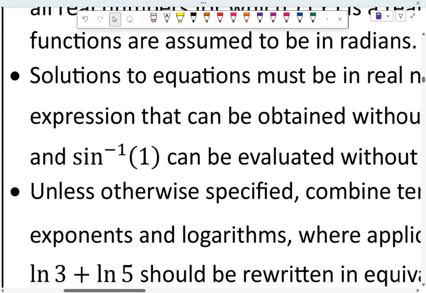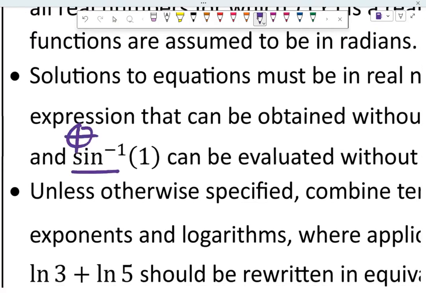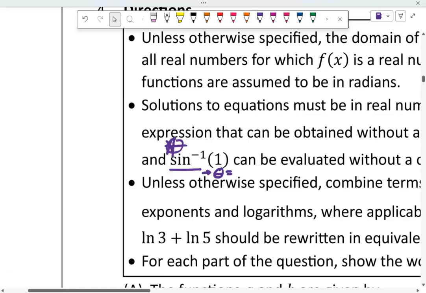Over here, sine inverse of 1. Remember, when we're dealing with sine inverse, that is the first in 2 quadrants right here. We don't use quadrants 2 or 3. First and fourth quadrants, I think I meant to say. So where is sine equal to positive 1? At what angle? Think about that.